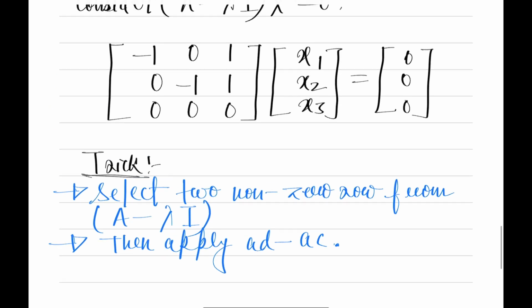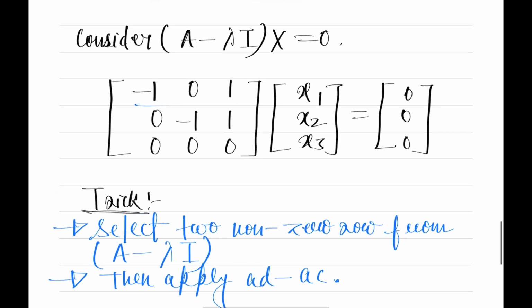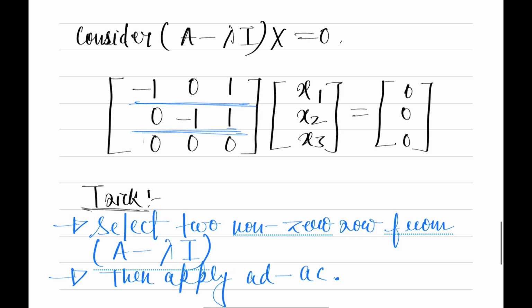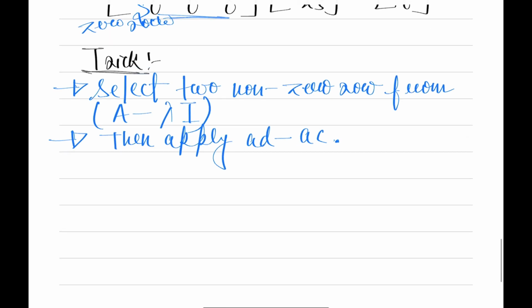We will use two of our non-zero rows. This is our first non-zero row and this is our second non-zero row, and this is a zero row.